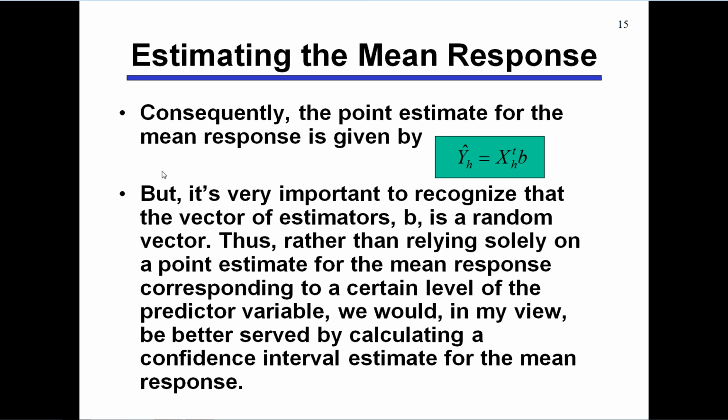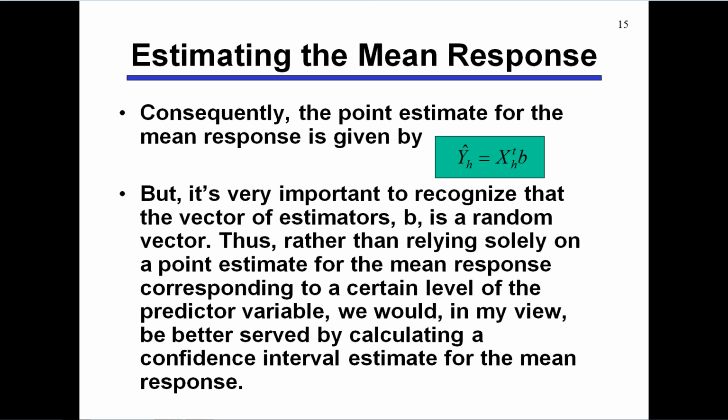In fact, we saw the variance covariance matrix and the estimated variance covariance matrix associated with that vector b, as we derived and showed on a previous slide. It's very important.